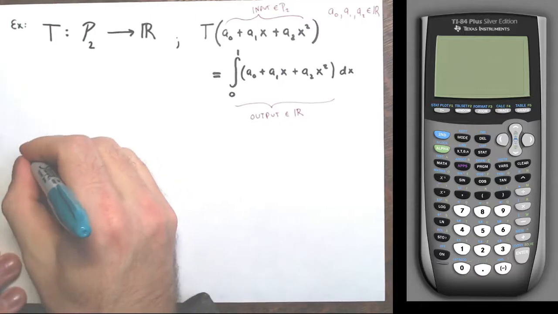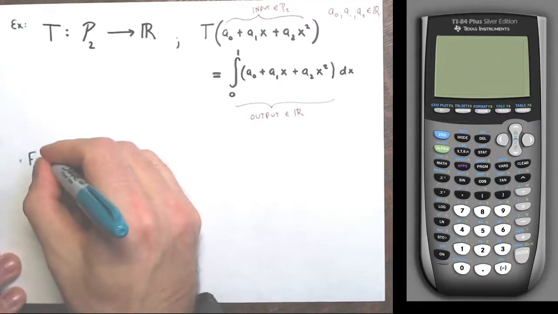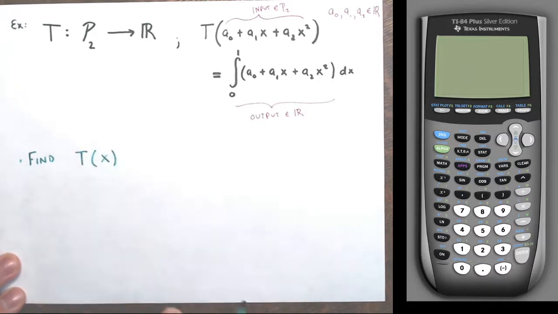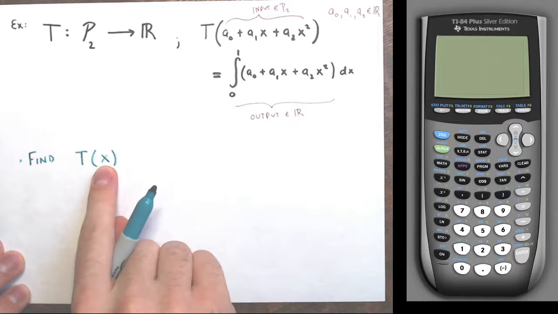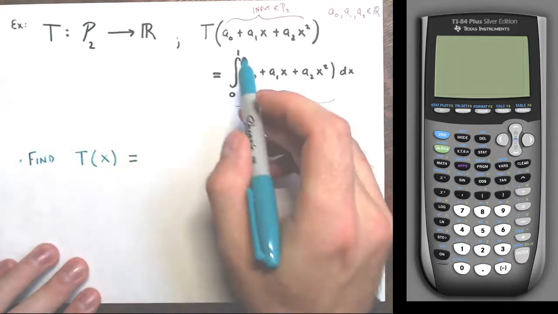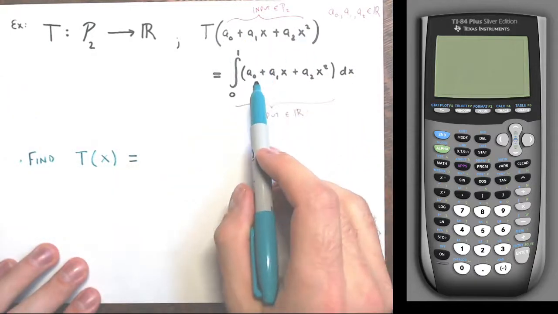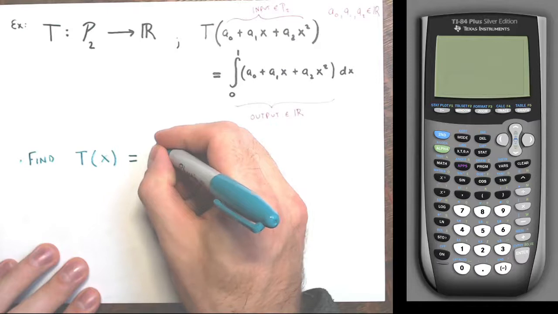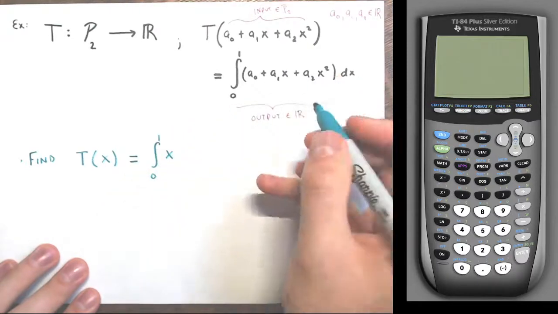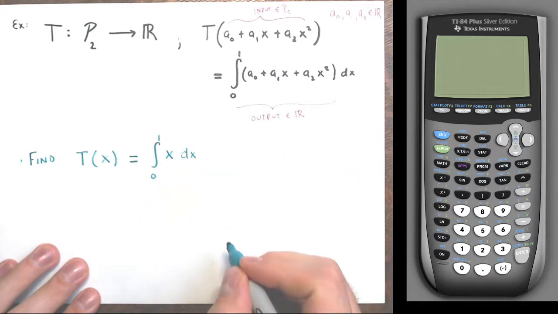So let's find, say, T of x. That's a polynomial of degree 2 or less, 1x. When I plug this into this rule, it says T of x is just the integral from 0 to 1 of that polynomial, x, with respect to x.